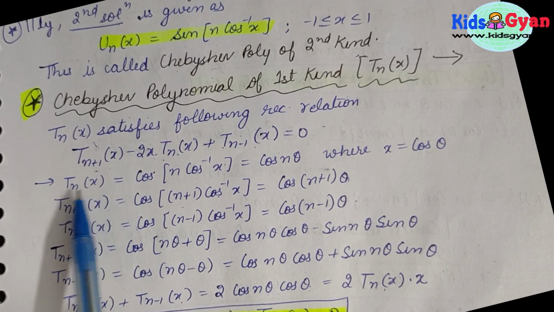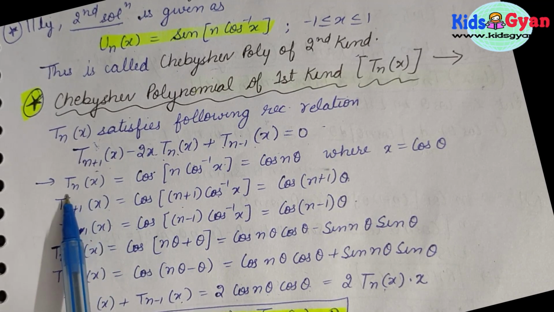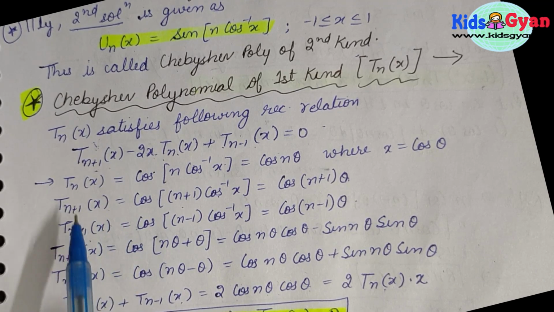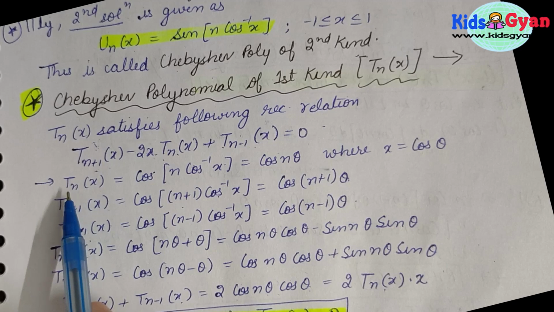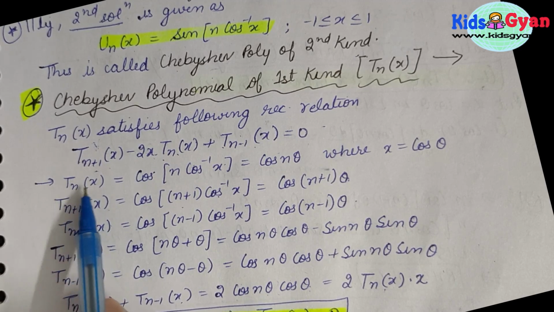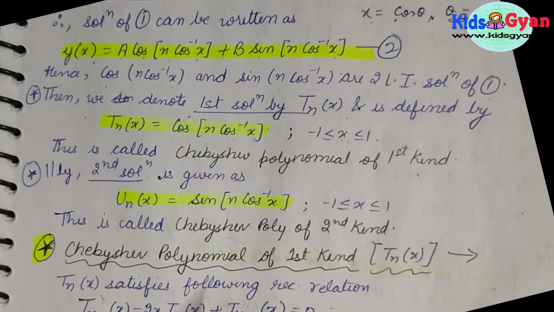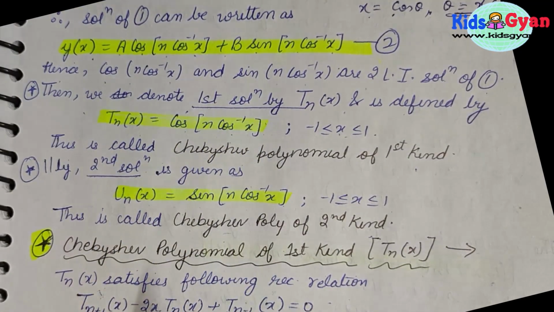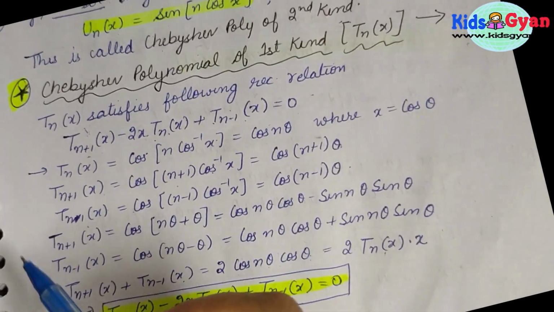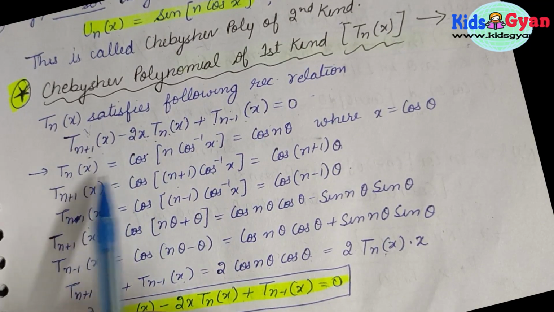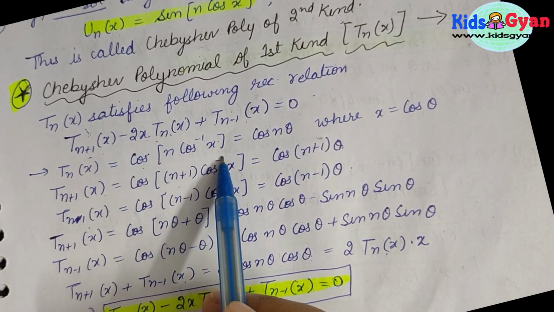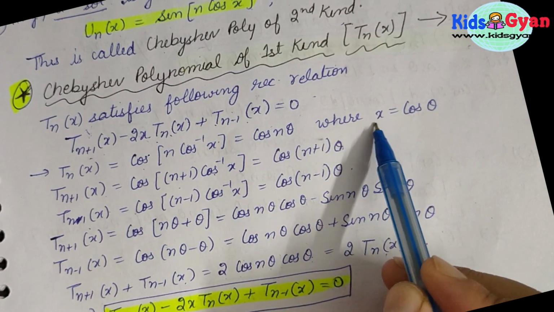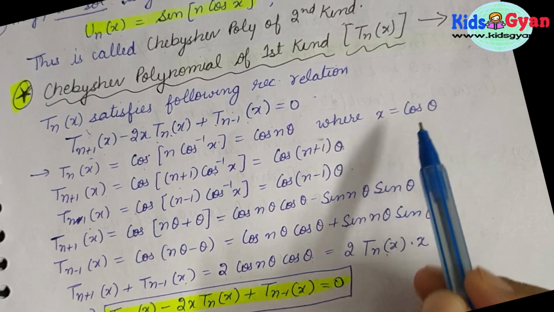So what is Tn(x)? As I told you, Tn(x) is the Chebyshev polynomial of first kind and Un(x) is the Chebyshev polynomial of second kind. And what is the value of Tn(x)? We also derive that Tn(x) is cos(n cos inverse x), or we can say cos n theta, as we know that x is equal to cos theta here.